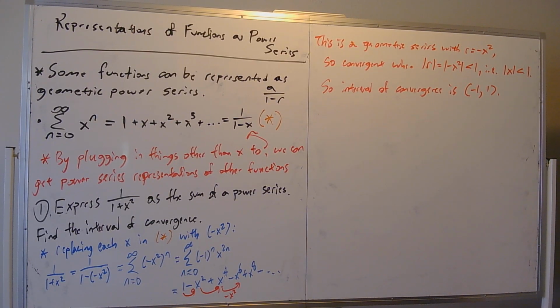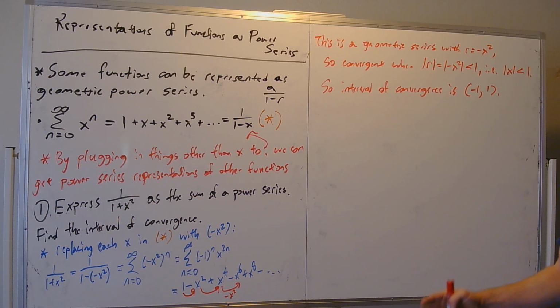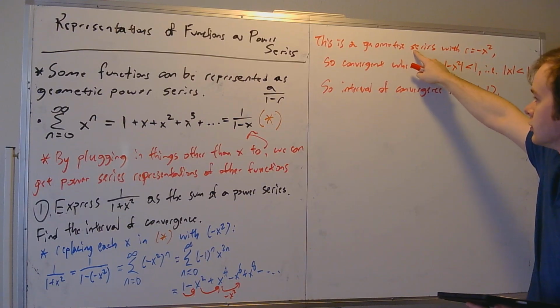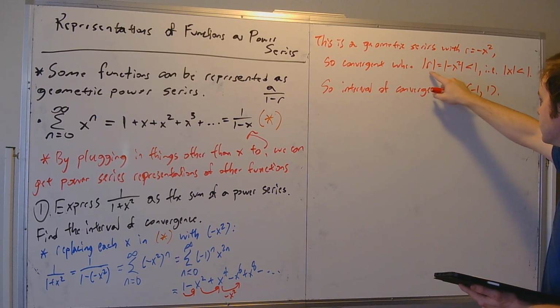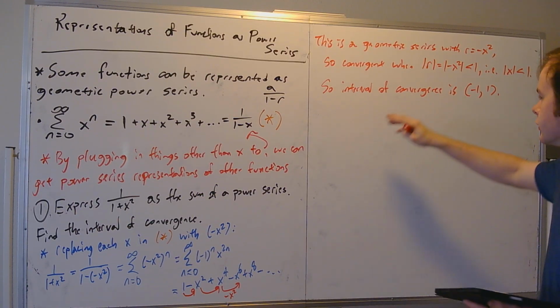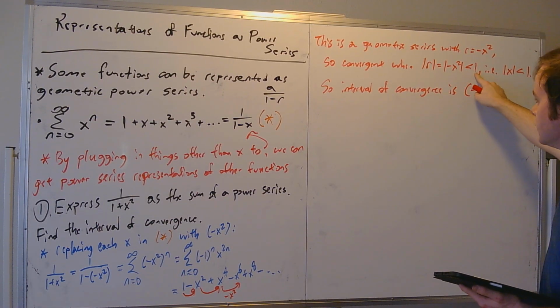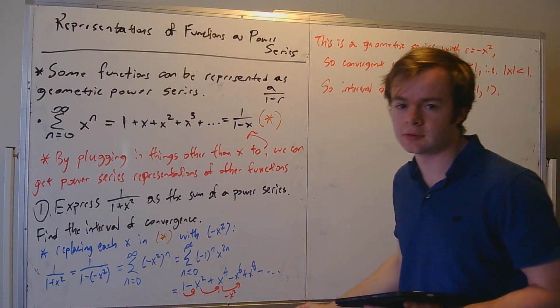Right, and you might be confused here because remember earlier what we were doing was we also had to test the endpoints. We had to be very careful to do that. But that was when we were using the ratio test. That's when you have to test the endpoints. Here we're just using the fact that this is a geometric series. You don't have to test the endpoints there because if the absolute value of r is equal to 1, then the common ratio is 1, so you just keep adding something to itself.